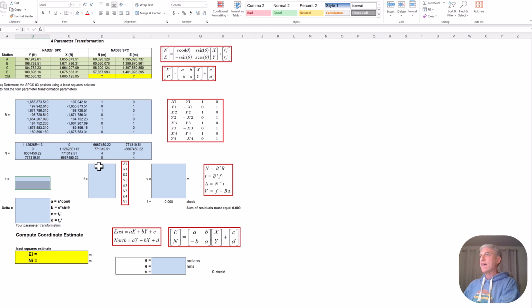So what is my F matrix? Well, remember, the F matrix is my known coordinates in NAD83, my known resultant coordinates. And I have those, right? So the first cell equals my E1, and the second is equal to N1.